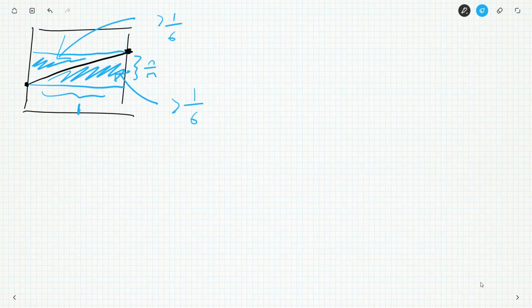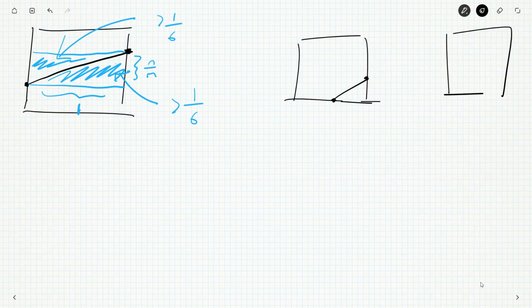So that's out. So the only way we can get 1,000th is if we enter on the bottom and leave on the right, or conversely, although I'm not going to do this case, enter in from the left and leave through the top. Those are the only ones that can make this sort of tiny enough triangle that might do the trick. I'm pretty sure that's the only possibility.